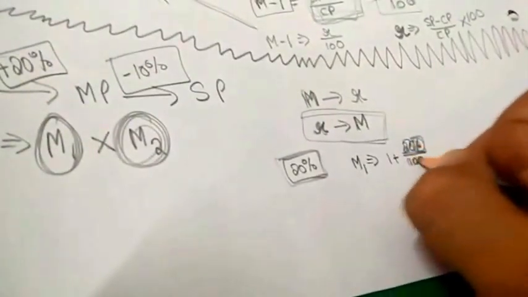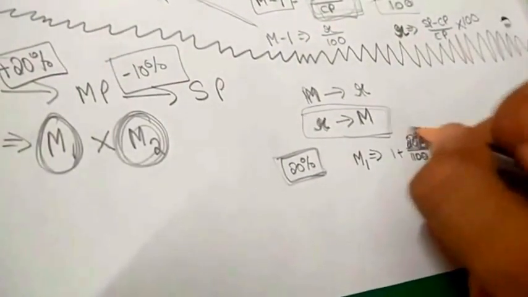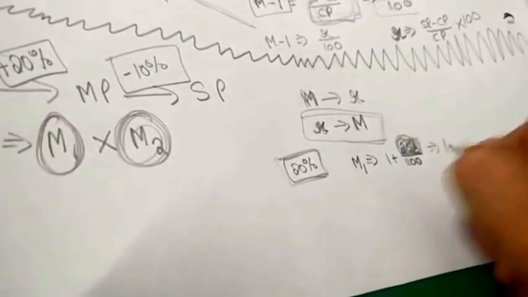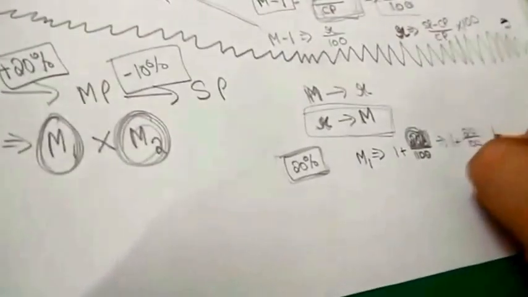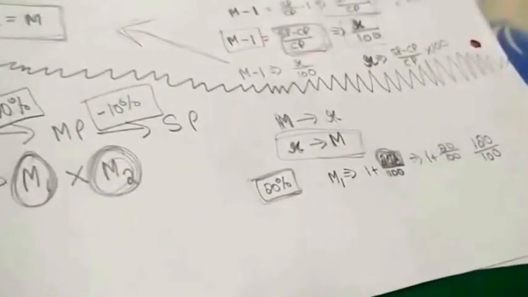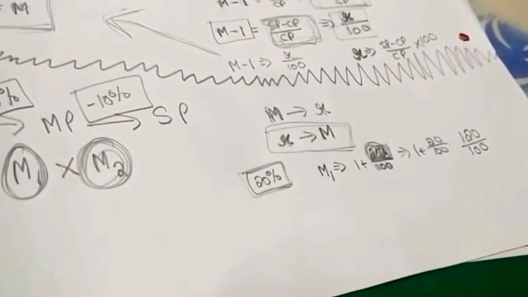This 20 upon 100, this R percent, the 20 here. So 1 plus 20 upon 100. So we have our 120 by 100. Okay, so now in the same fashion we can calculate M2 as well.